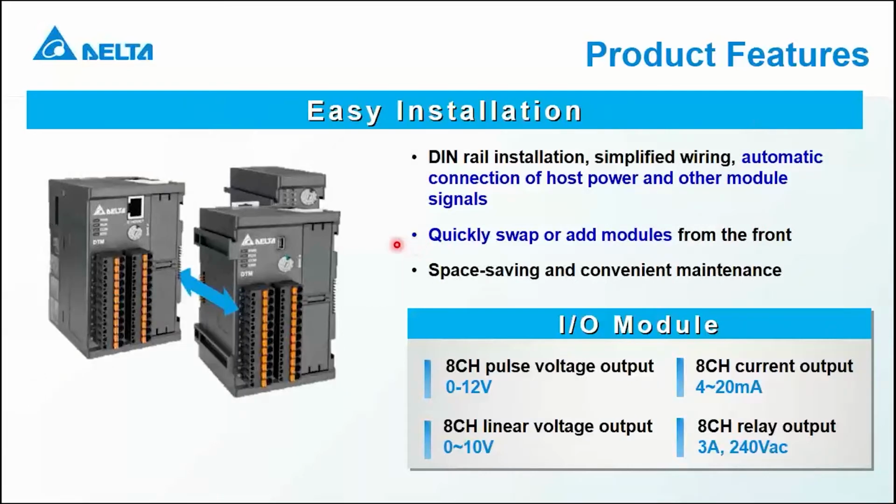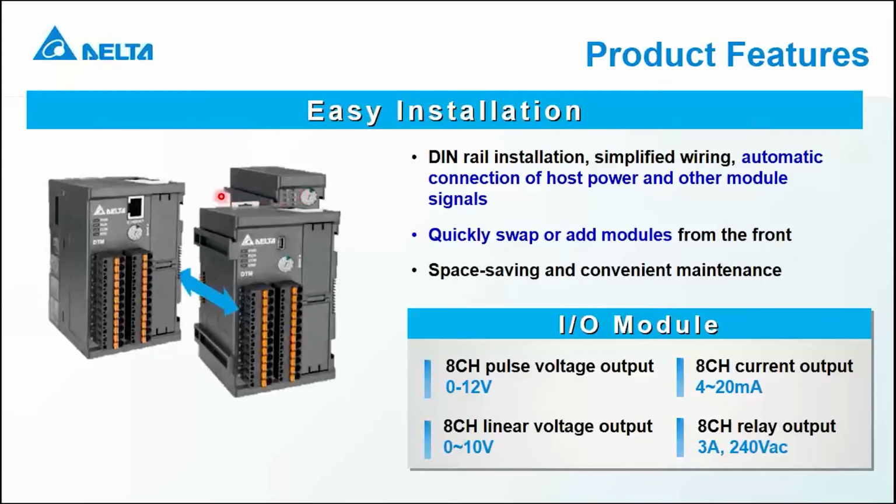Then the next one is the installation. You can see right now we changed the design to link the left side and the right side. Before, if you still remember, for the DTC and DTE series, we used to move them from right to left.